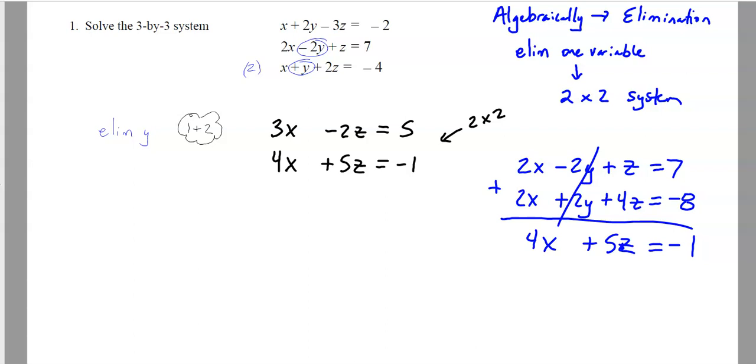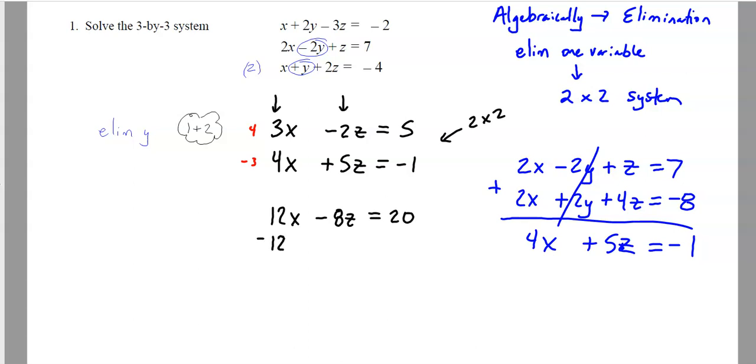So now I can get after solving it just like I would before. Looking for opposites, I don't have any here, I don't have any here. So it looks like I'm going to have to multiply both rows. I'm going to multiply this row by 4 and this row by -3. That way I can get opposites in x's here. So on the top I have 12x minus 8z equals 20.